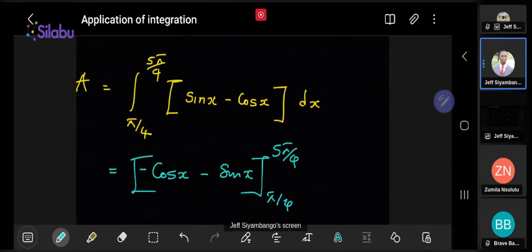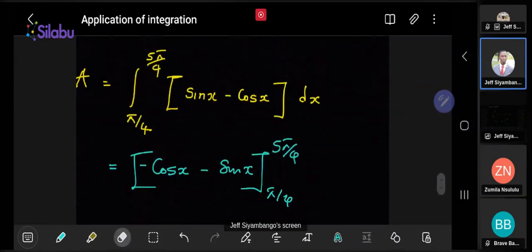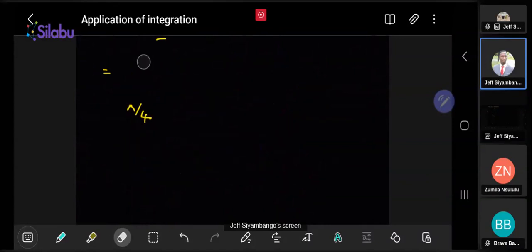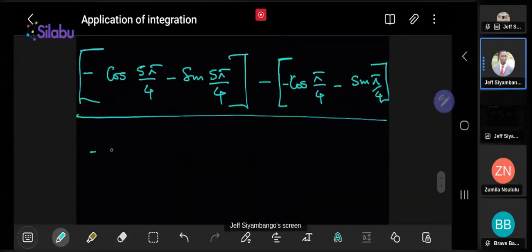Ideally, it's supposed to be the same, but is it the same? Let's do the math.